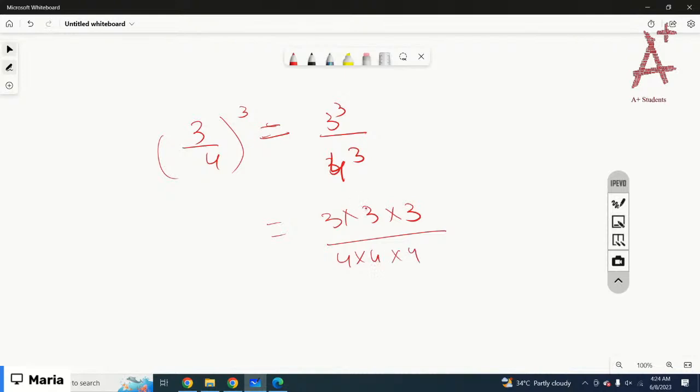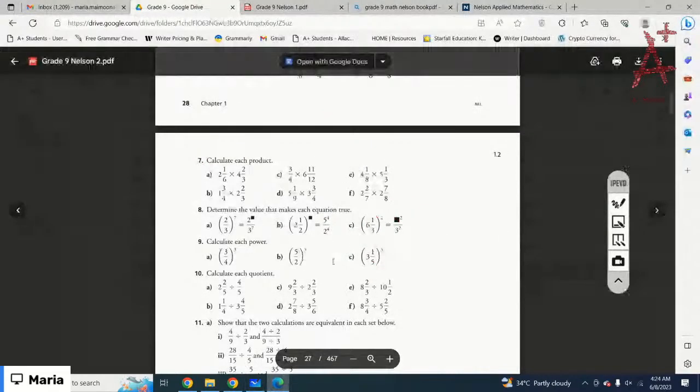Got it? So 3 times 3 is 9 and 9 times 3 is 27. Here you have 4 times 4 is 16 and 16 times 4 is 64. Got it? So it would be 27 over 64.